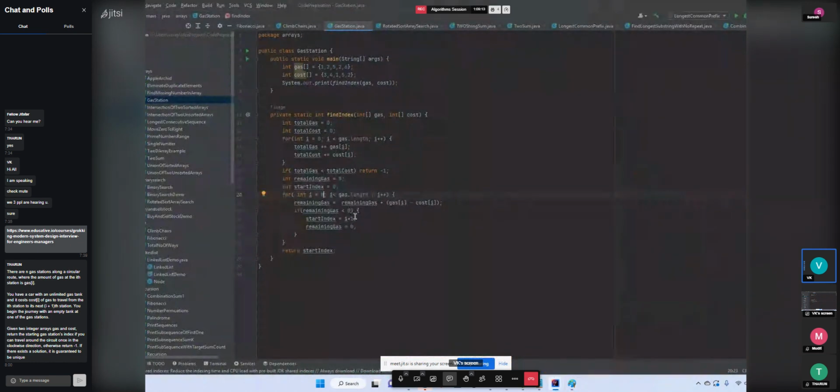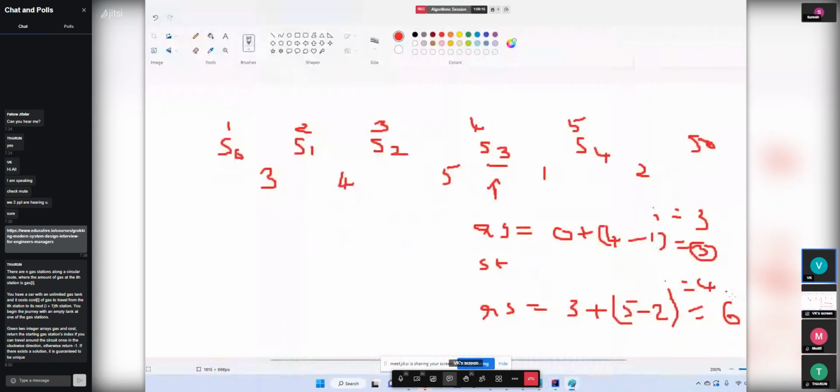Now, where are we? Now 6, I becomes 5. But I only travels from 0 to 4, right? 0 to 4 only.